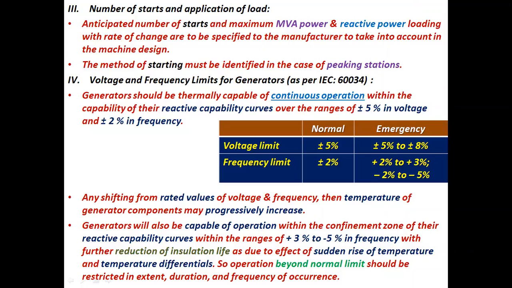For voltage and frequency limits for generators as per IEC 60034, generators should be thermally capable of continuous operation within the capability of their reactive capability curves over the ranges of plus minus 5% in voltage and plus minus 2% in frequency.